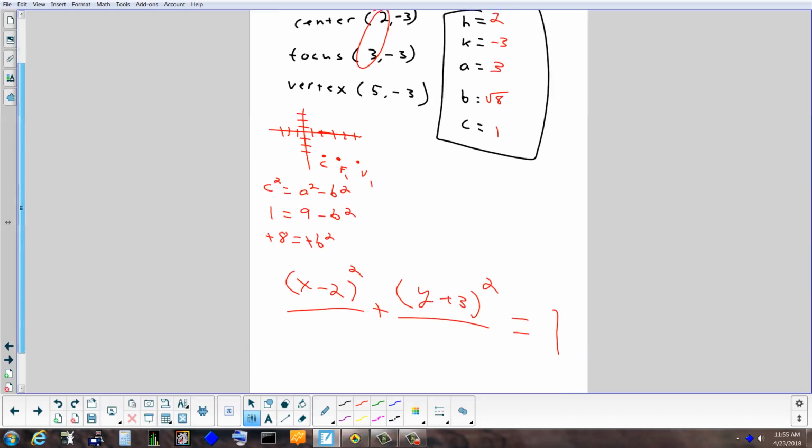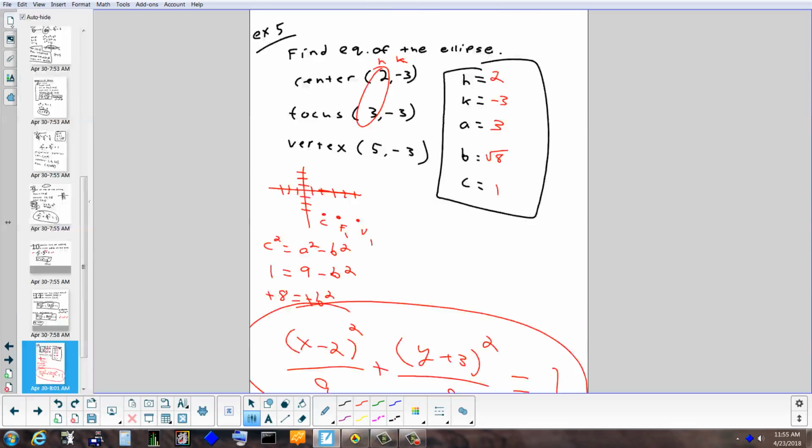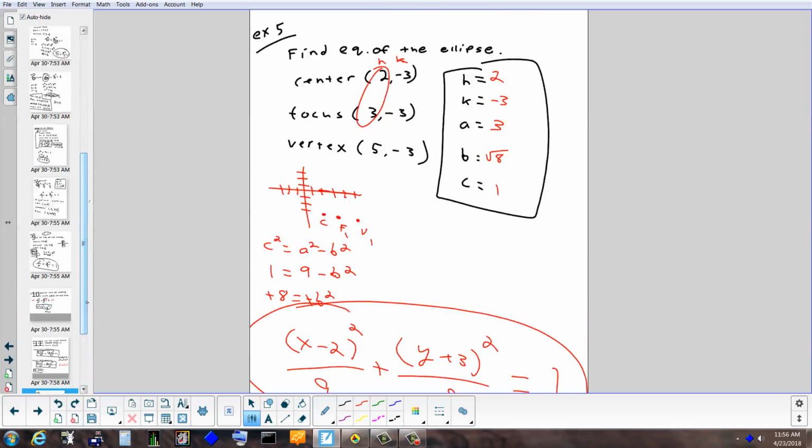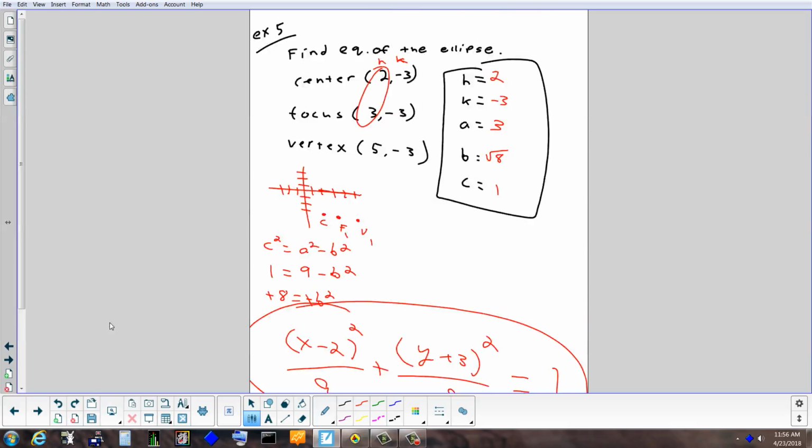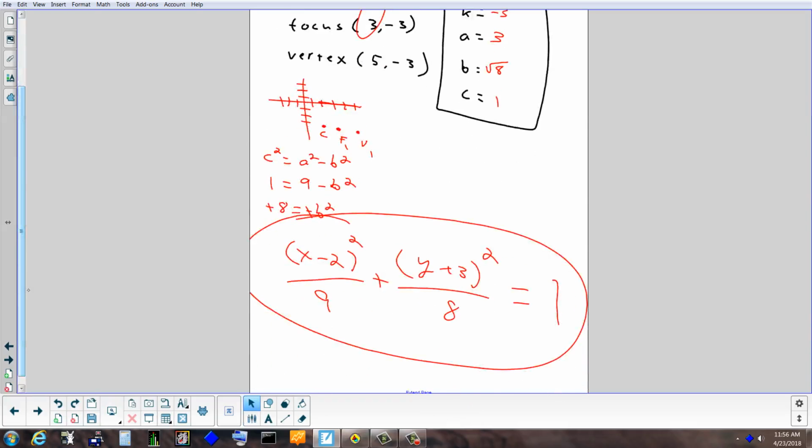Yeah, it's a squared. So your 2 choices of numbers here are a squared and b squared. So 9 and 8, those are your 2 choices. 9 goes under x, 8 goes under y.